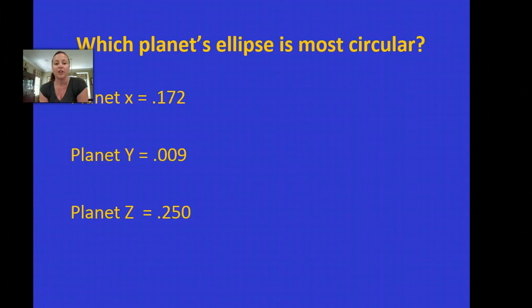So let's take a look at 3 planets' orbits and see which planet's ellipse is most circular. We would look for the number that's closest to 0, closest to a circle. So planet Y has the most circular orbit.